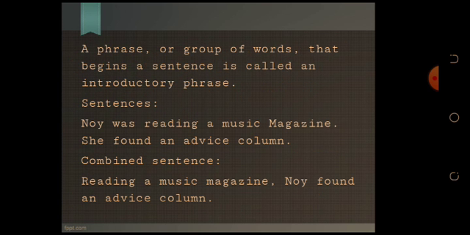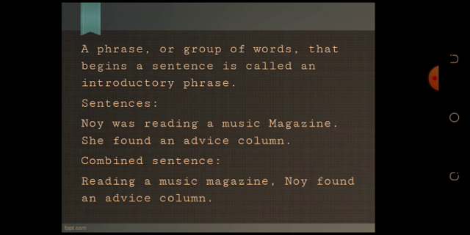And also, apart from introductory words, we have introductory phrases. Yes, just like introductory words, they are always at the beginning of a sentence. An introductory phrase, as the name implies, is made up of two or more words.